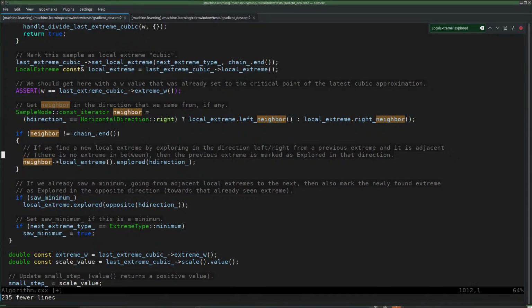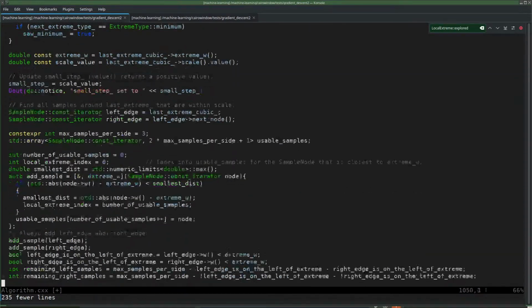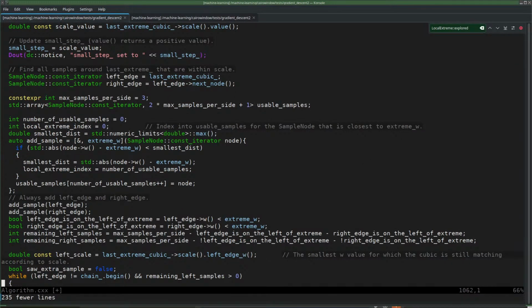So that must be put before this point. There is no return, I think. Let's put it there before I lose it.